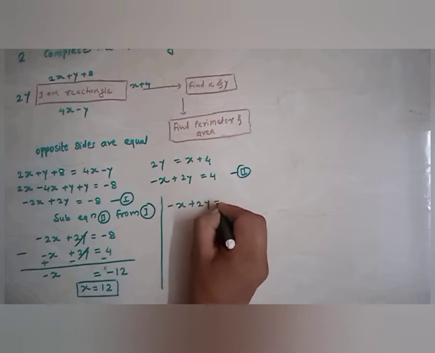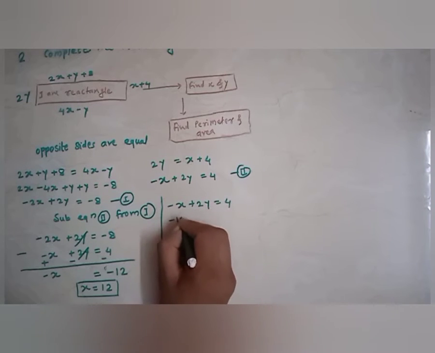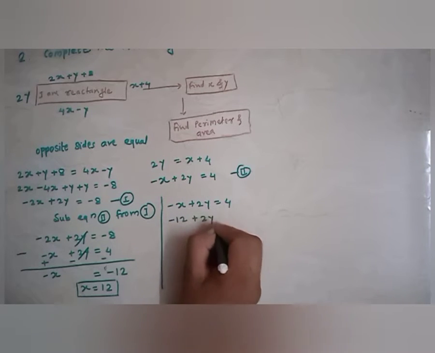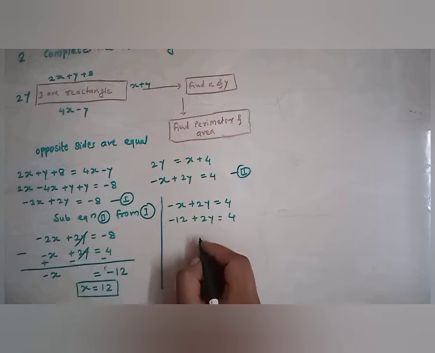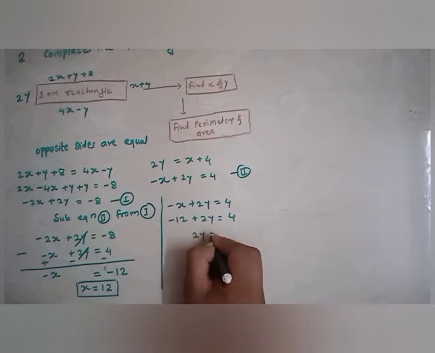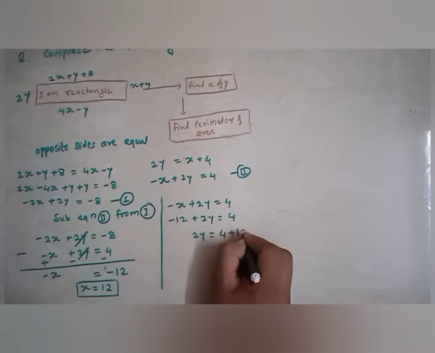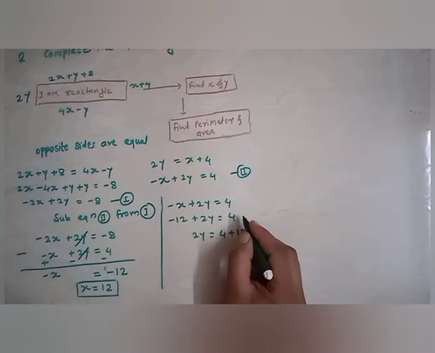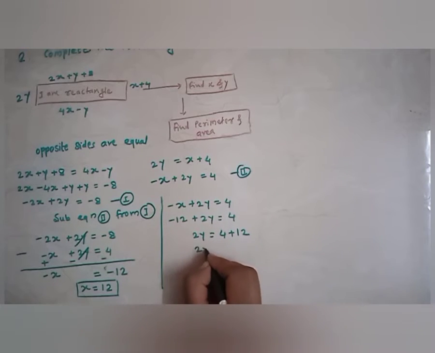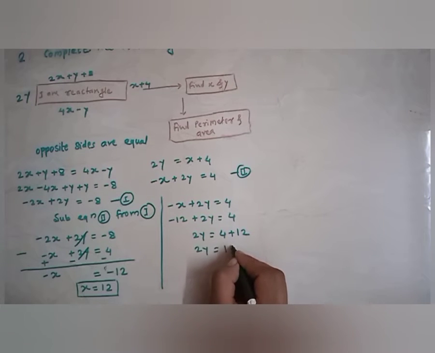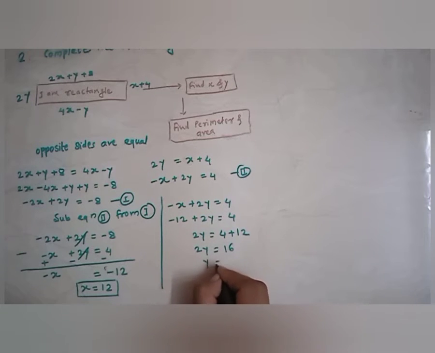So minus x plus 2y is equal to 4, and minus 12 plus 2y is equal to 4. So 2y is equal to 4 plus 12, because the minus sign changes to plus. So 2y is equal to 16. So y is equal to 16 divided by 2. So the value of y is 8.